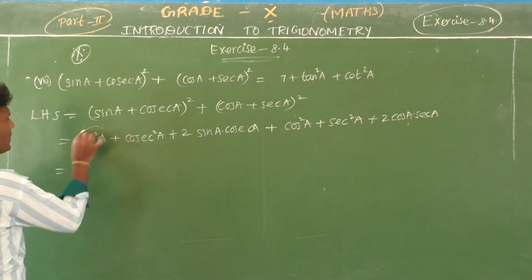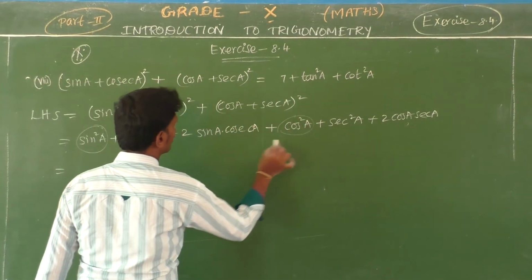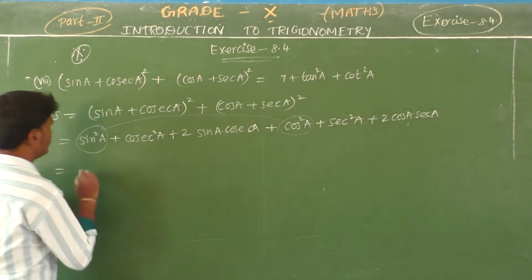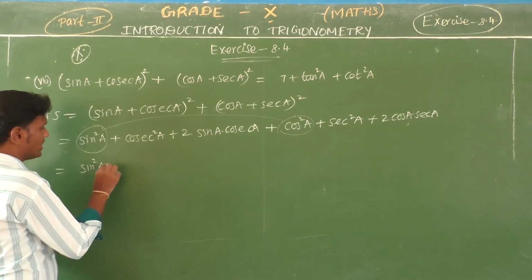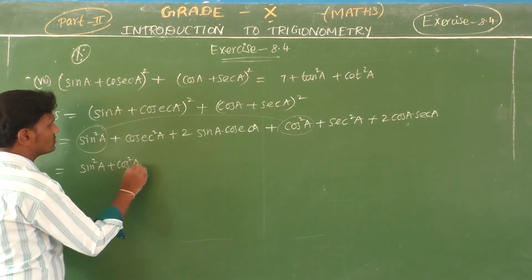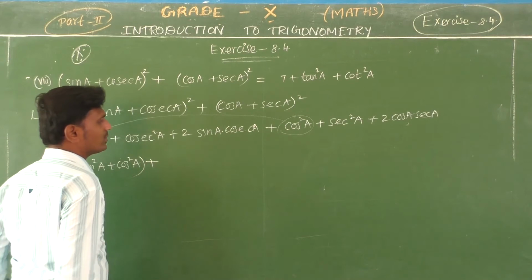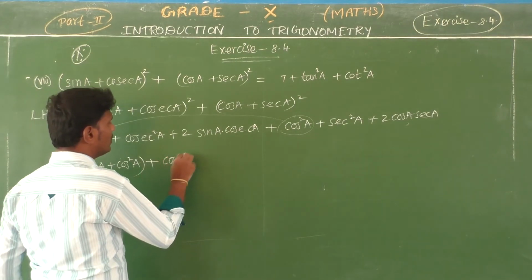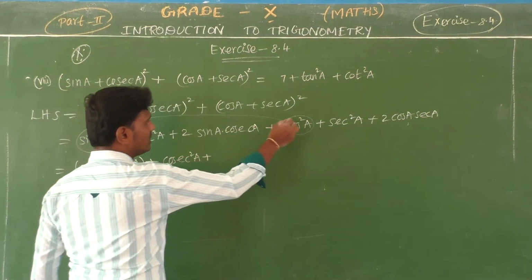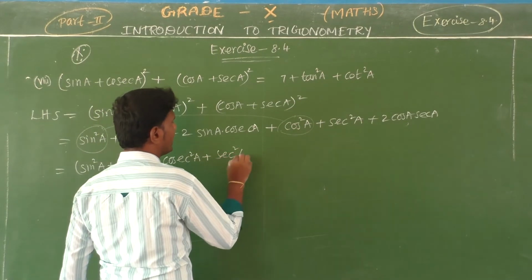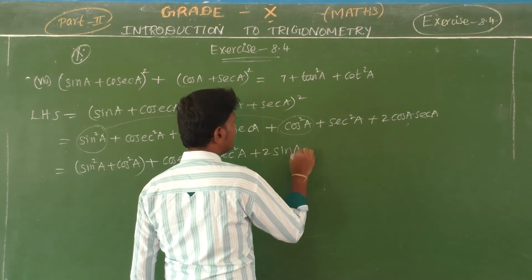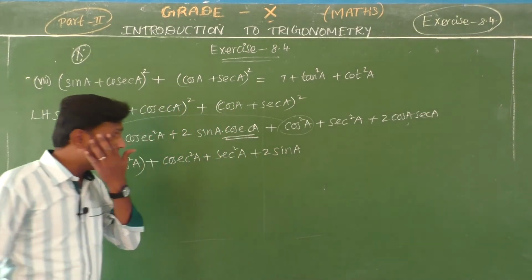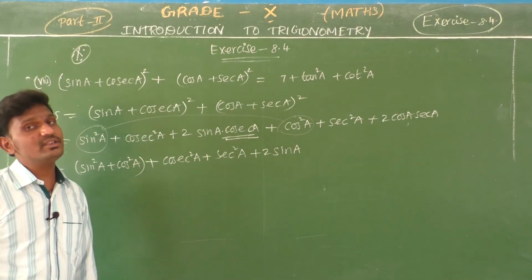Now I am going to combine this sin square A with that cos square A to get the first identity, that is sin square A plus cos square A. Then what is the remaining? Cosecant square A, and then secant square A, and the remaining terms, 2 into sin A. This cosecant A, I am going to take its reciprocal.